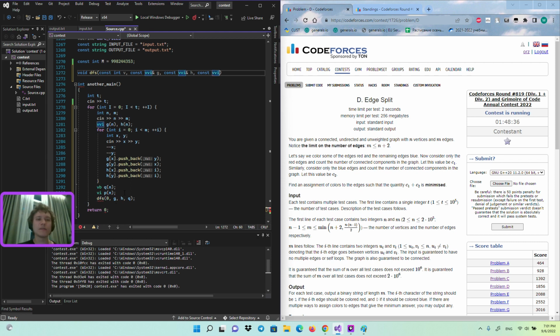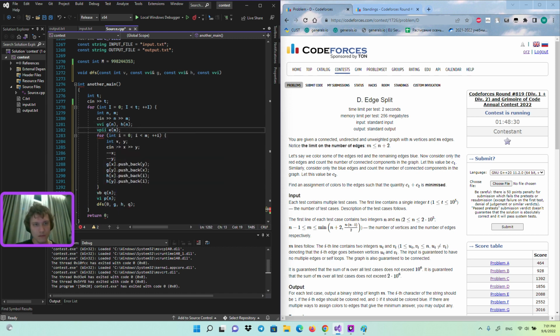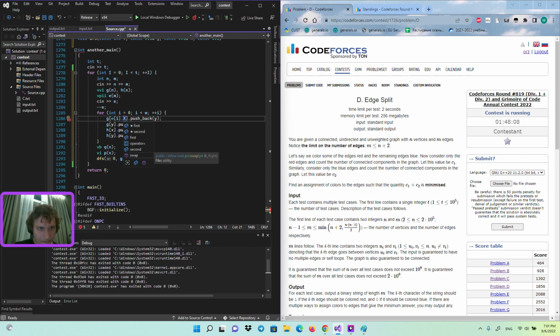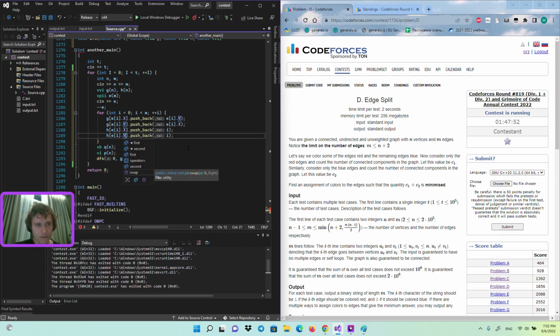Yeah, I want parents and I want the color of the edge. Okay, it's like this. Let's fix it.